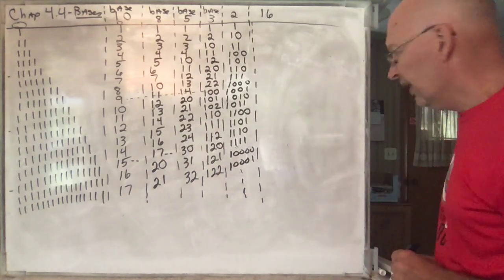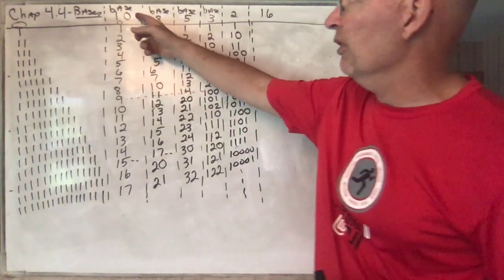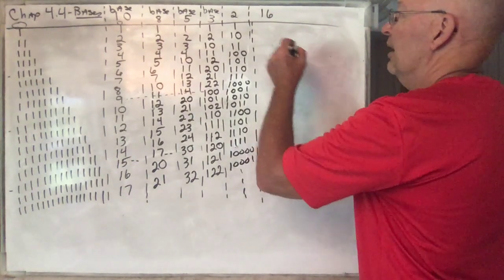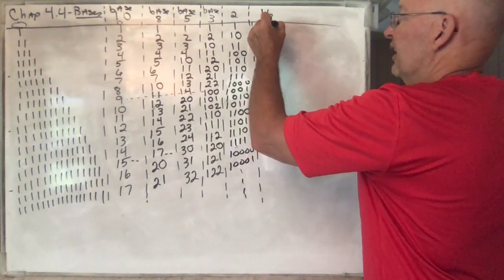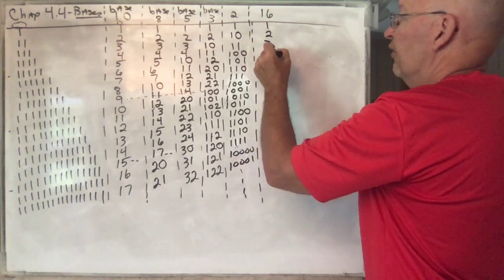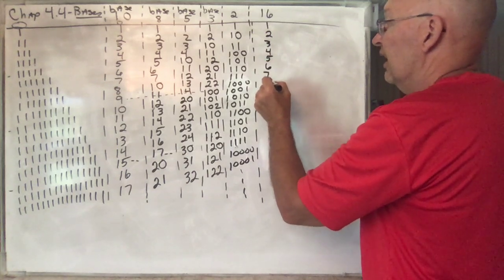So there's one more base that I'm also going to show you, which is the base which is larger than 10 in size. So this is base 16, and so now we can go back to our 10 again. 1, 2, 3, 4, 5, 6, 7, 8.